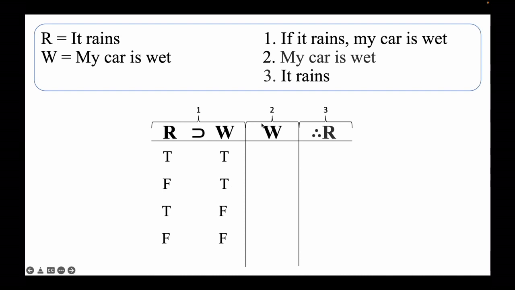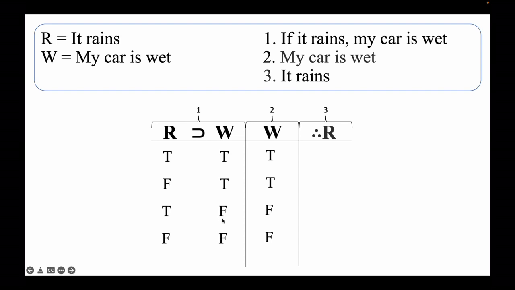So in this case, we list all the truth values. Notice that the W in the second premise is the same W that occurs in the first premise.